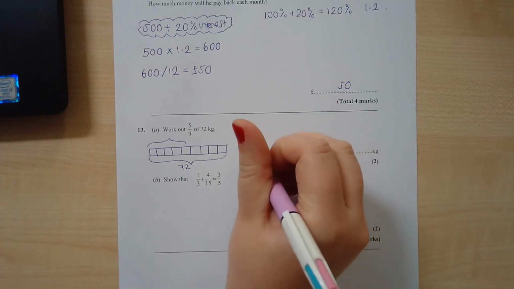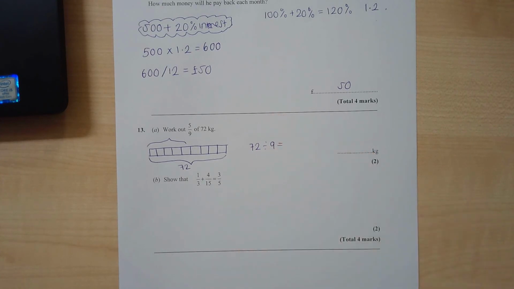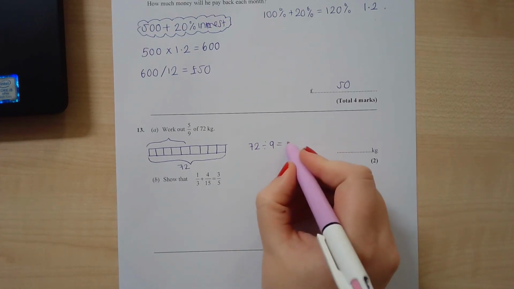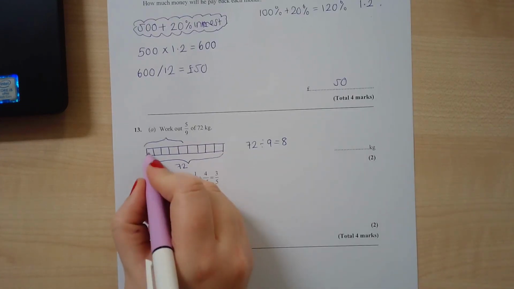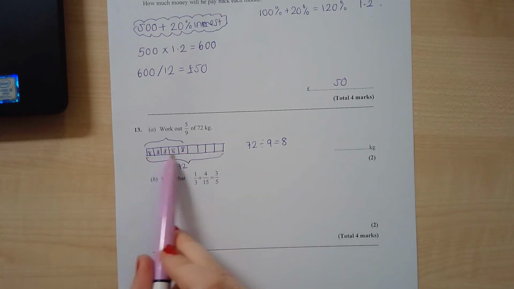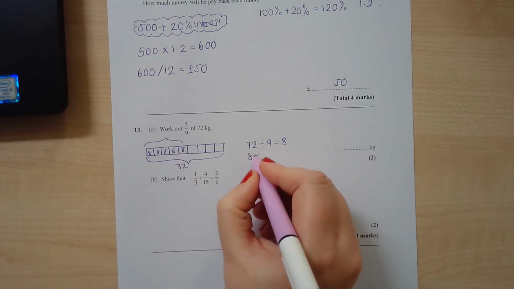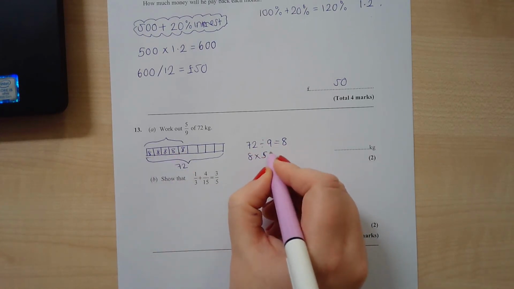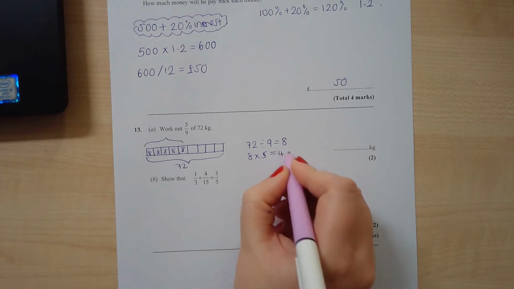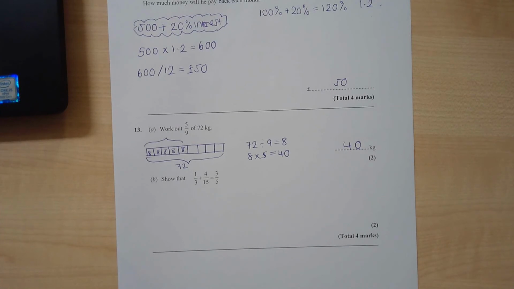So the first calculation I'm going to do to the side is 72 divided by 9, which will give me what goes in each box, which is 8. So 8 goes into each box, but I only want these first 5, so 8 times 5 equals 40. So my answer is 40 kilograms.